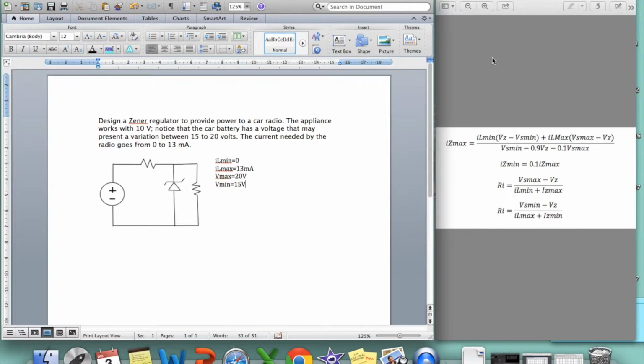So here we got the important formulas for these cases, and we're just going to substitute.